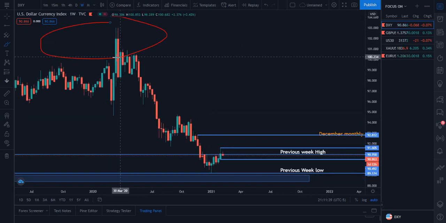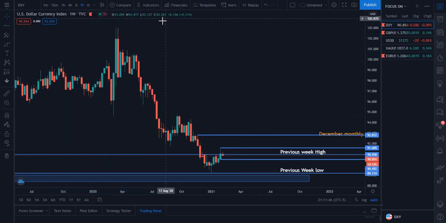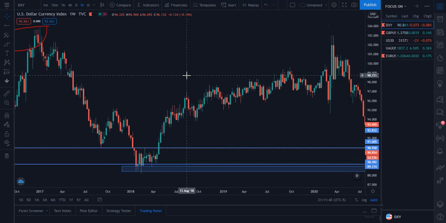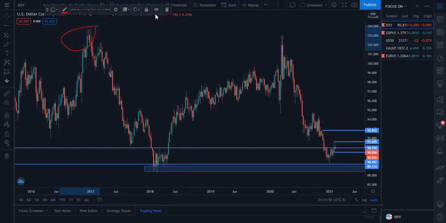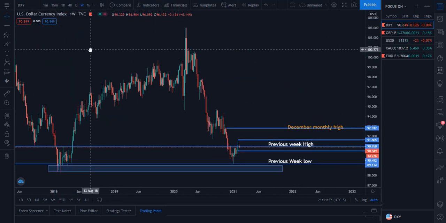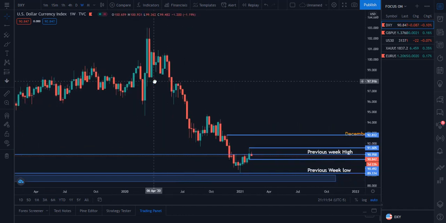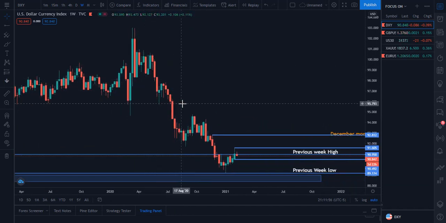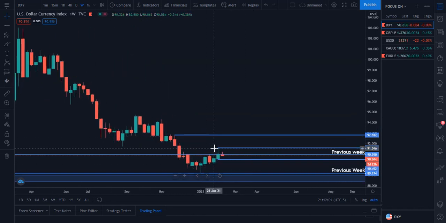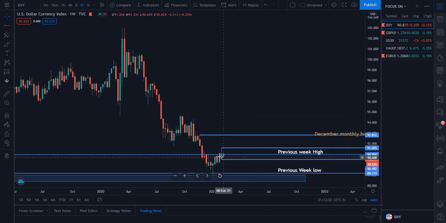Let me just take out these drawings, man. All right, that's okay. As you can see, it's been on a bearish trend, and it created a lower high, lower high, lower low, lower high, lower low, lower high.